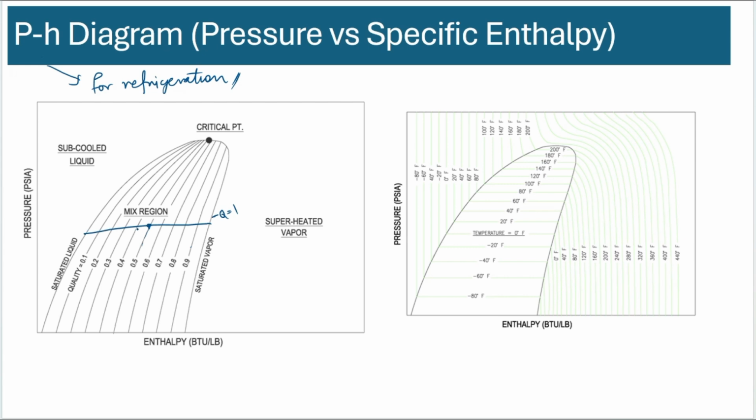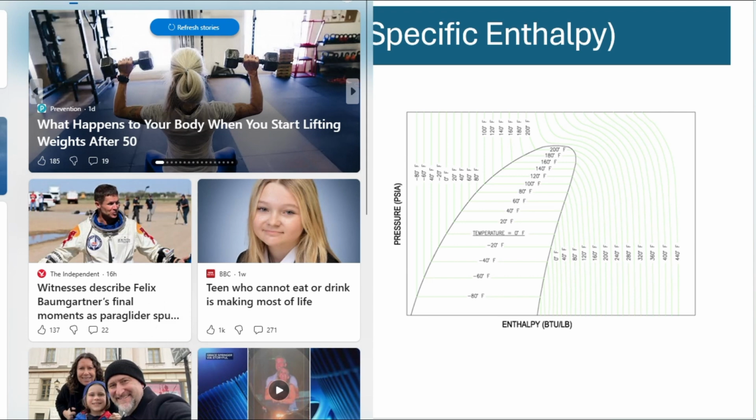So this tells you that it's fully vapor here, and it linearly varies the mixture ratio all the way to fully liquid here, which is quality 0.